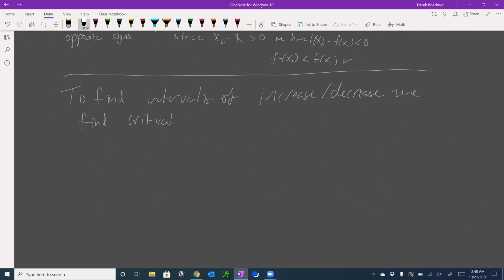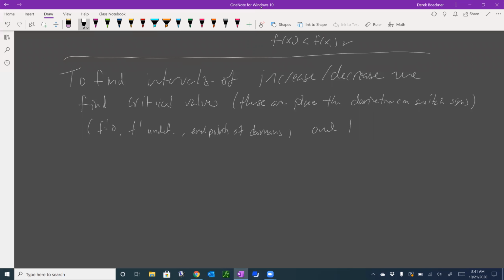We find critical values. These are places the derivative can switch signs. So f prime is 0, f prime undefined, endpoints of domains. Those are where we can switch signs. Okay.